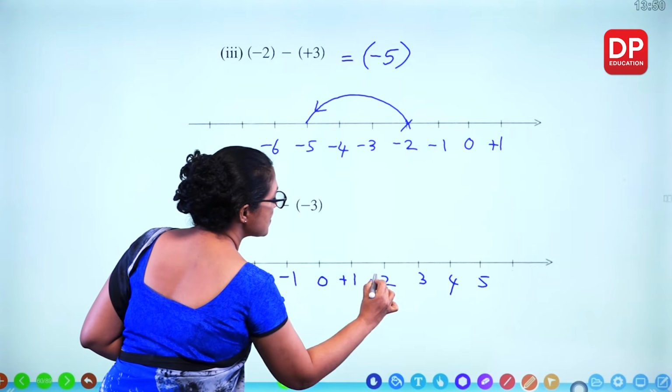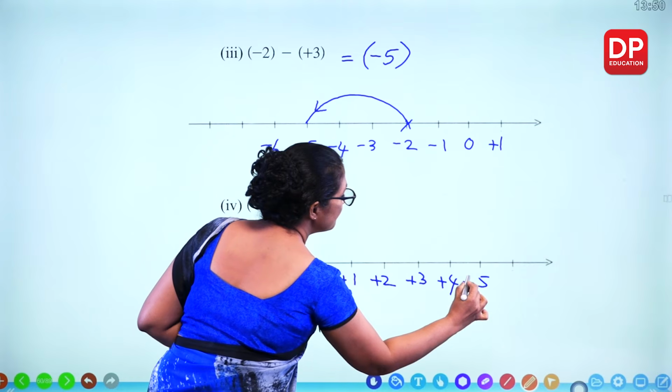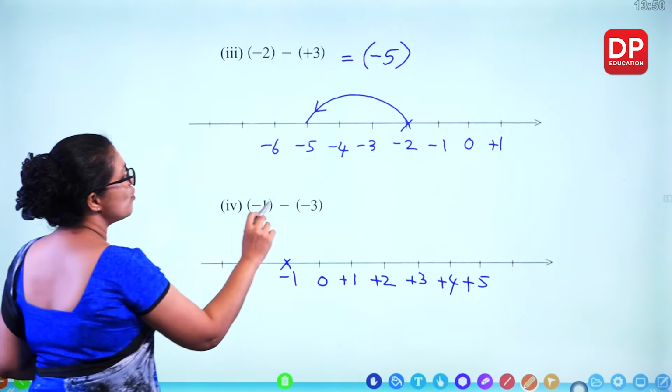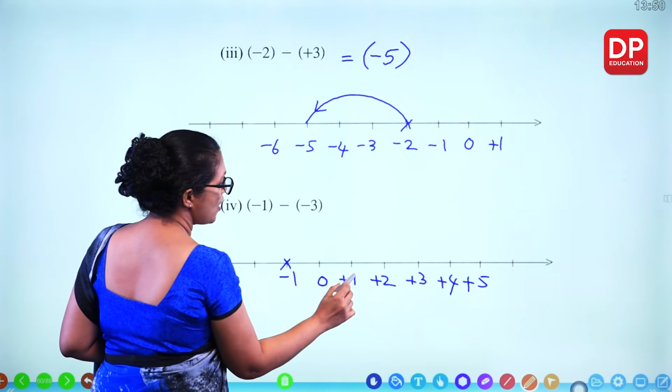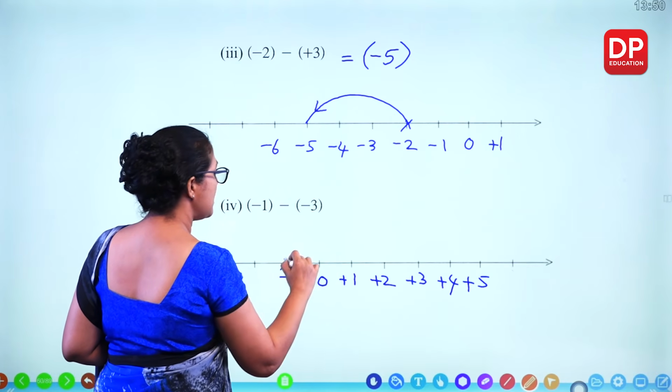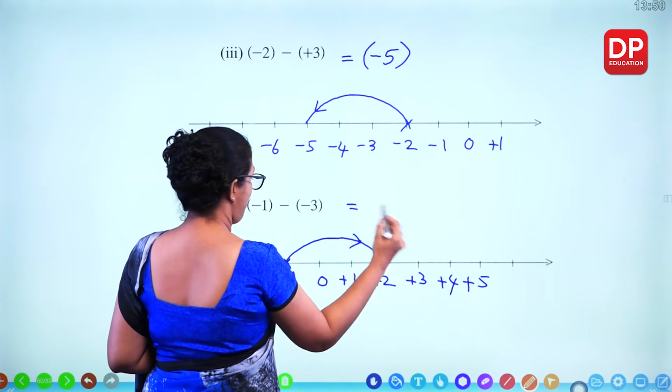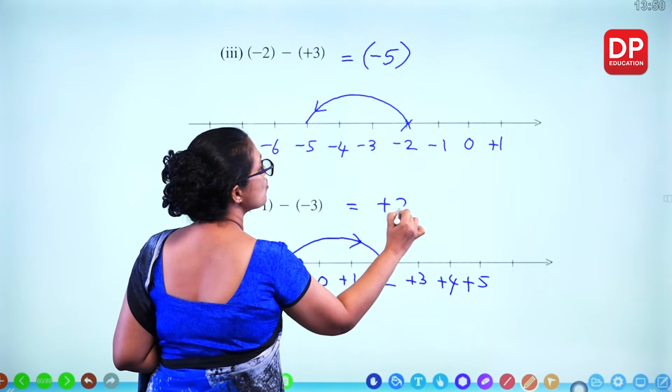These are pluses. So starting value is -1, moves 3 places to the right. 1, 2, 3. So answer is +2.